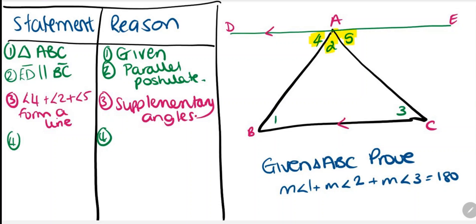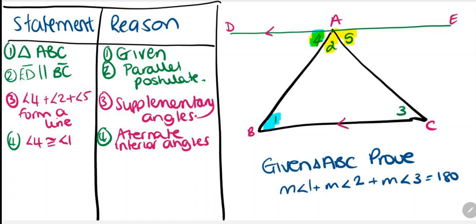We can also see in parallel lines that angle 4 and angle 1 are congruent. So angle 4 is congruent to angle 1. They are alternate interior angles, which are congruent.